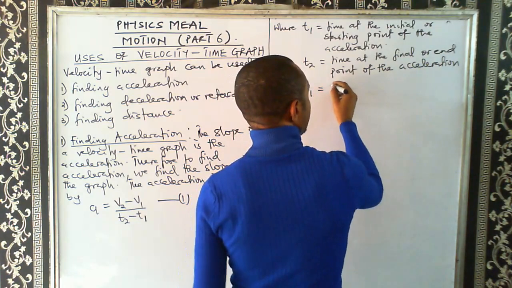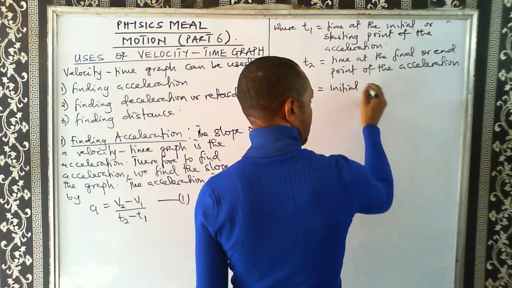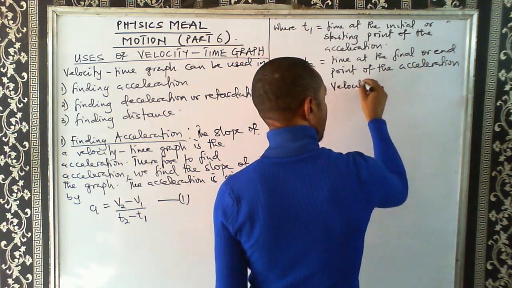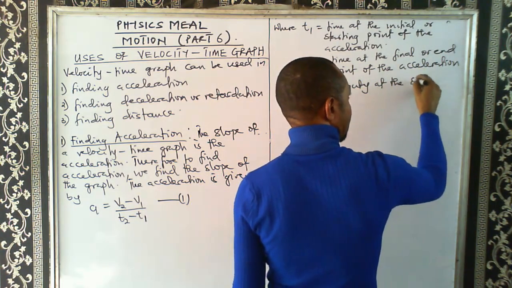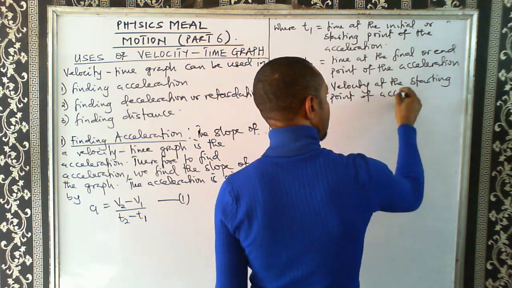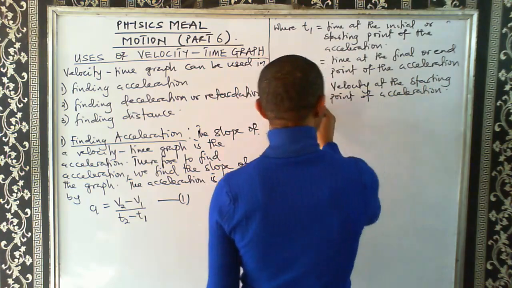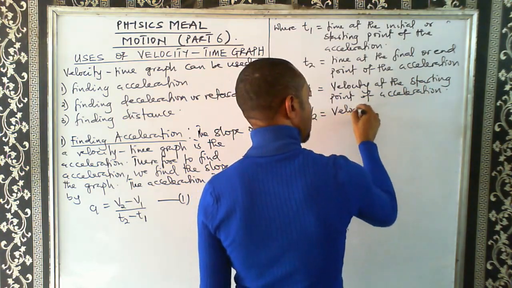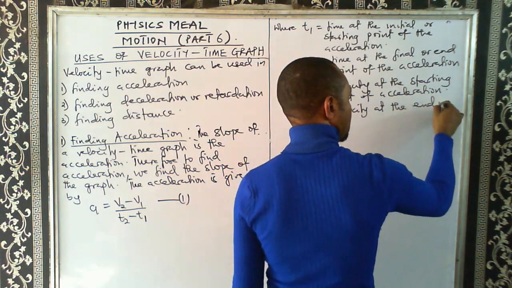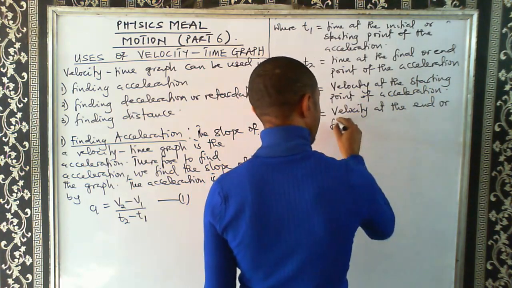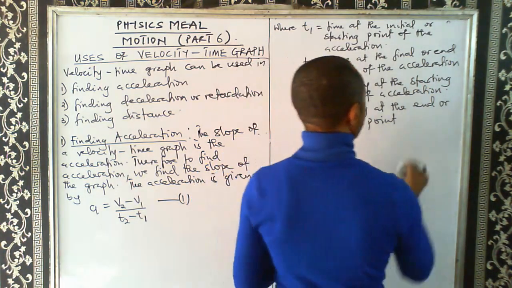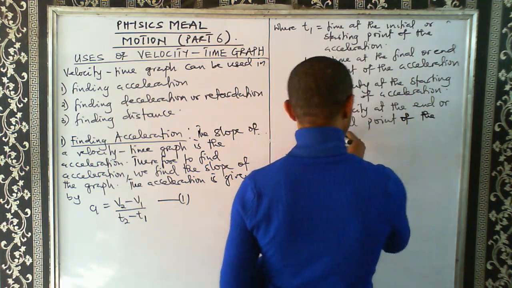V1 is the velocity at the starting point of acceleration, and V2 is velocity at the end or final point of the acceleration.